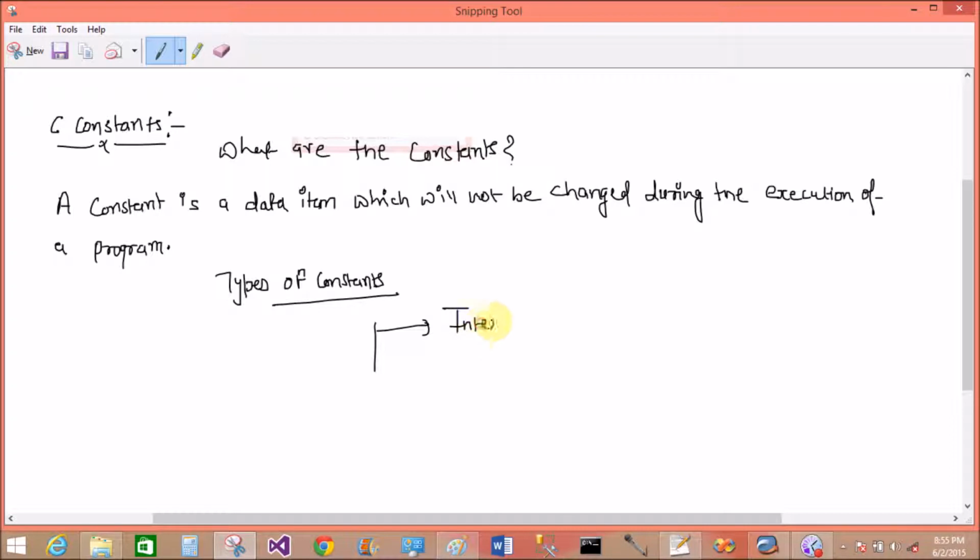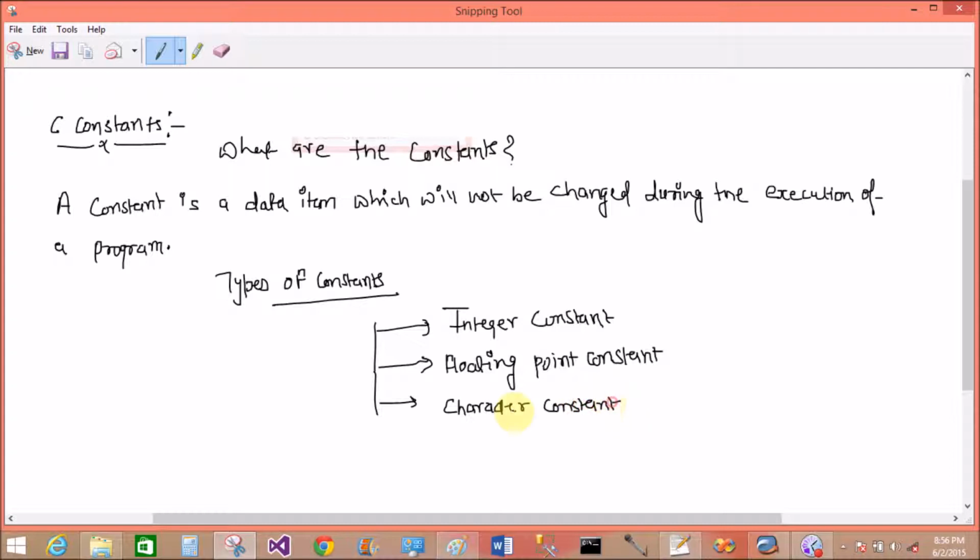So the types of constants are integer constant, floating point constant, character constant, and the last one is string constant.